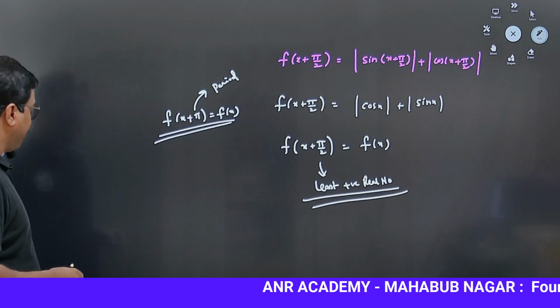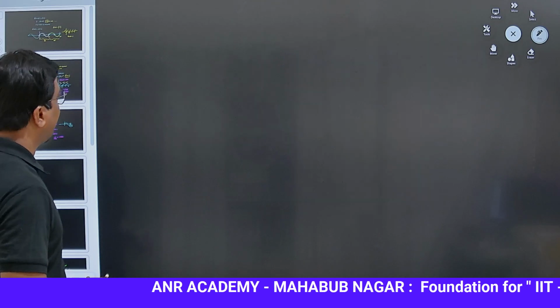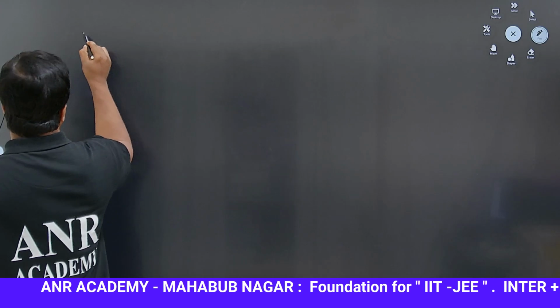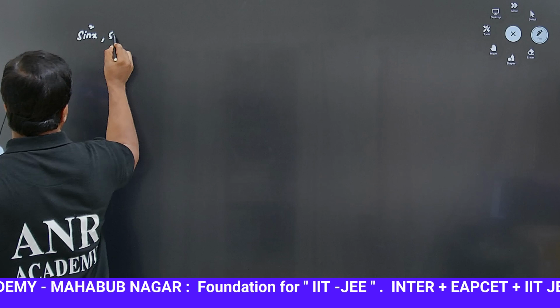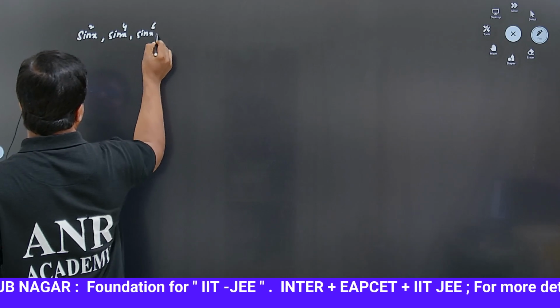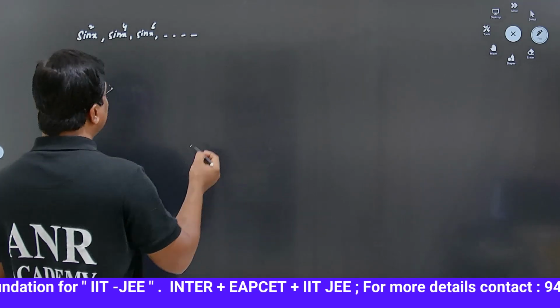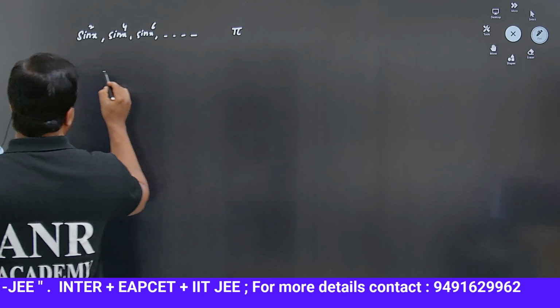Next, suppose you have sin x whole square, sin x whole power 4, sin x whole power 6, then what is the period? A squared quantity is always positive, and you will get period pi, remember.